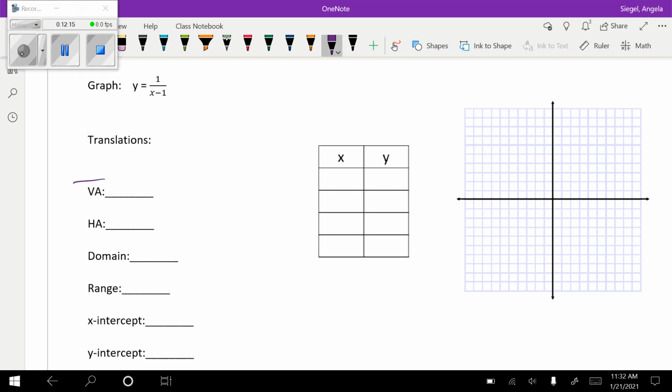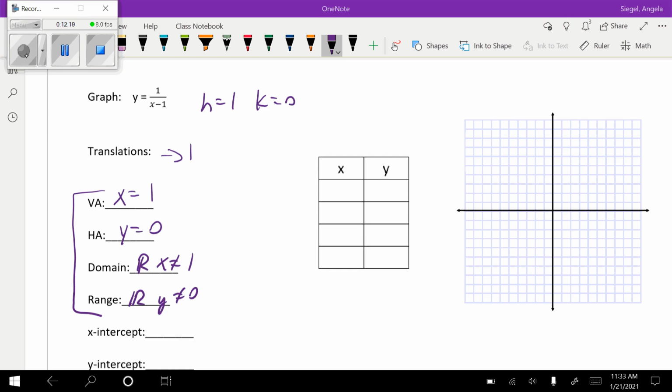Okay, so for this one, see if you can do these 4 steps. Okay, so it should look like this. The only translation that's going on is it's moved to the right one, and it's because of that piece that tells us that h equals 1.